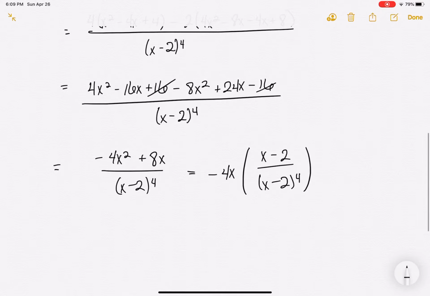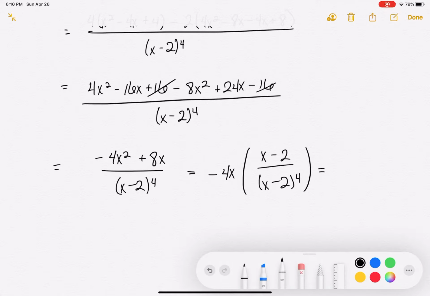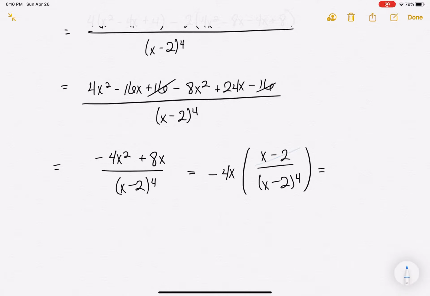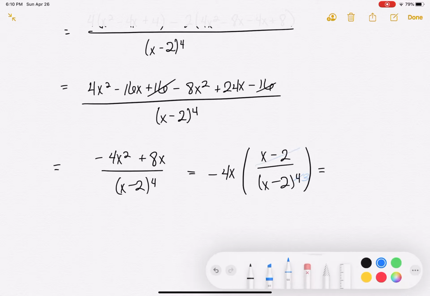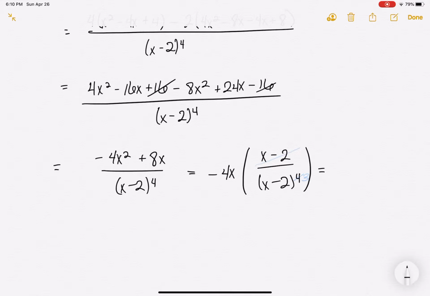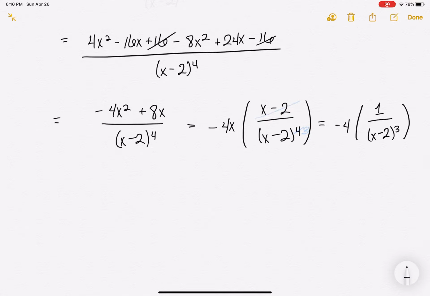So you'll see that actually in here, that cancels with that 4 and makes it a 3. And so that actually gives us negative 4 times 1 over x minus 2 cubed. Negative 4x.